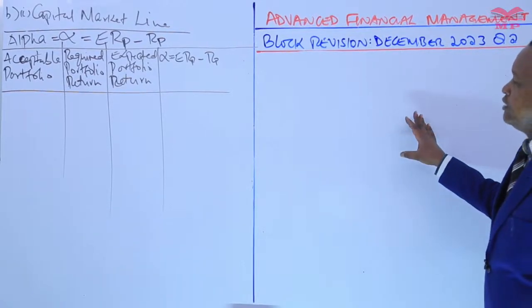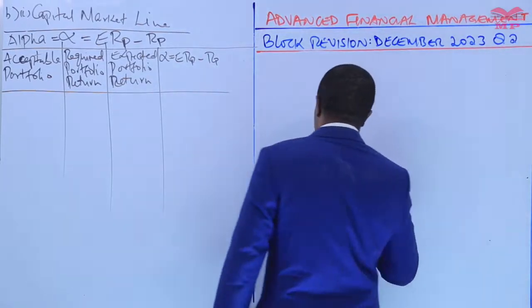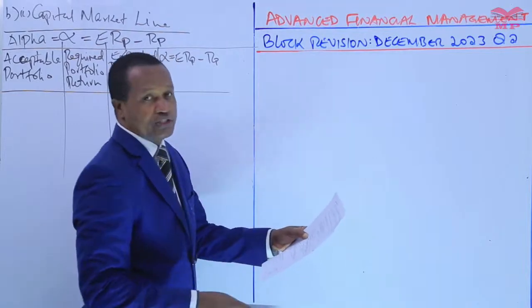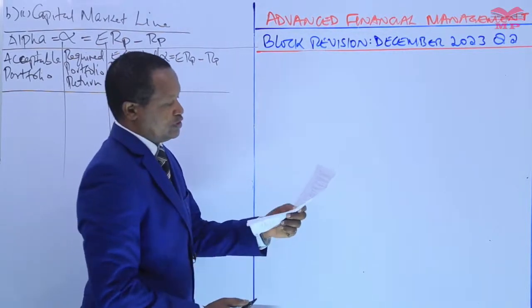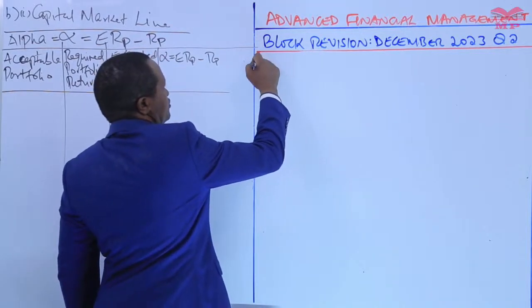So in our next phase, we are going to work out or determine the efficient portfolios from the information provided in note number 4. So we're going to have here a column for asset portfolio.